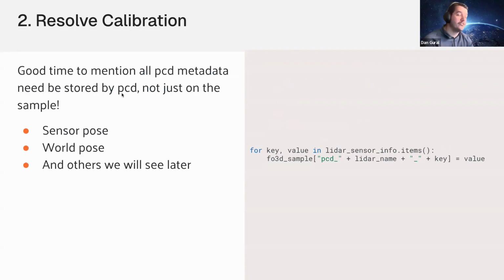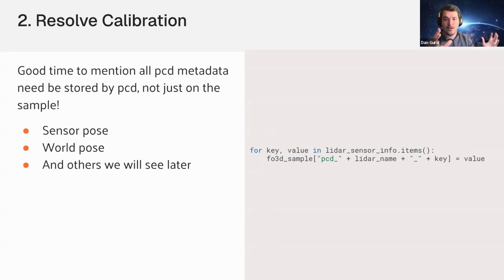When we have this, it's also a good time to mention that we have to store PCD metadata a little bit different than the rest of it. This is just because we have all of our PCDs in one FO3 container. If you're familiar with FiftyOne, it means all of your 3D samples are in one viewer. So if you're in a specific frame and you have like 6 or 7 different point clouds, I don't want to have to look at one point cloud, then the next point cloud, then the next point cloud.